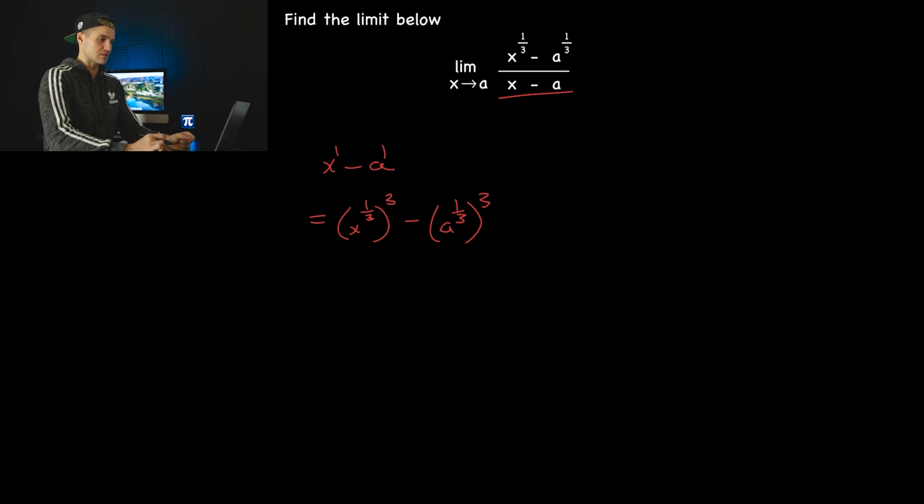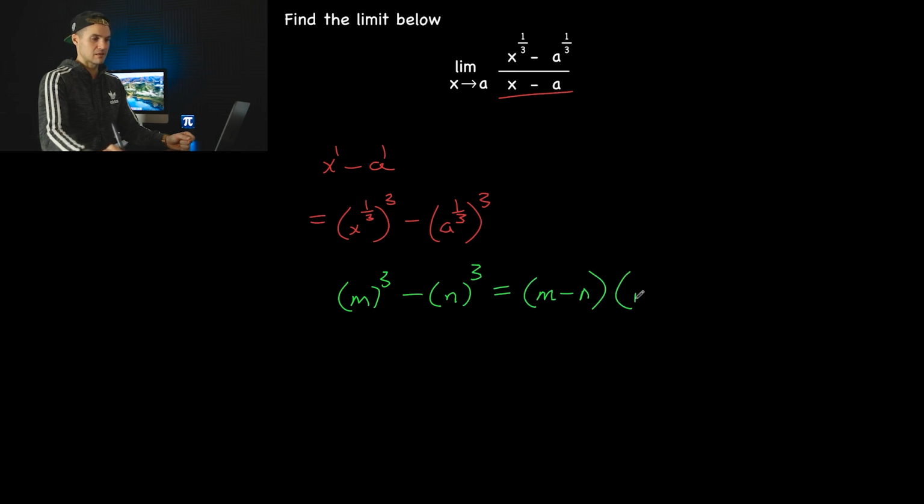If you remember, the difference of cubes formula is: if you have m cubed minus n cubed, that's going to equal m minus n times m squared plus mn plus n squared. In this case, the m is the x to the power of 1/3, and the n is the a to the power of 1/3.